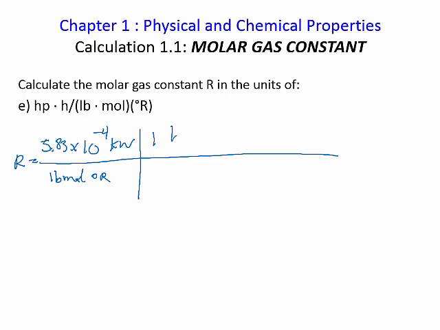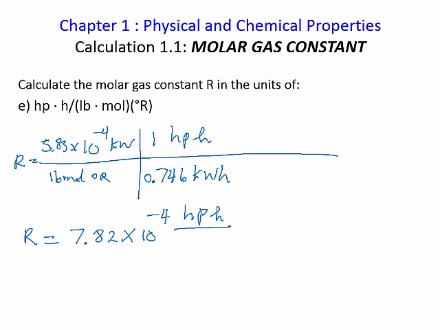We know that 1 horsepower hour is equivalent to 0.746 kilowatt hour, and solving for R equals 7.82 times 10 to the minus 4 horsepower hour over pound mole degrees Rankine.